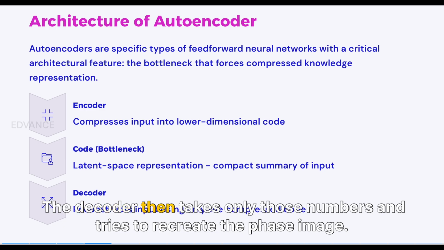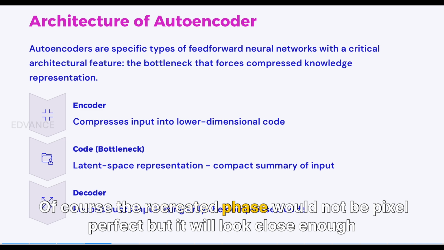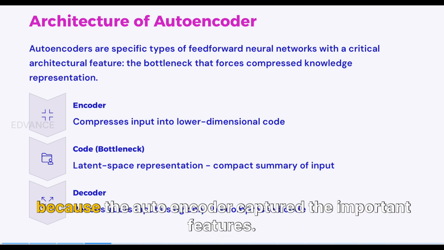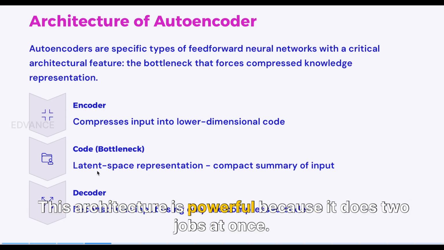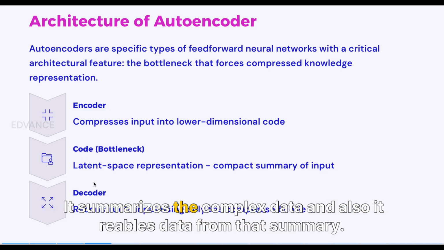The decoder then takes only those numbers and tries to recreate the face image. Of course, the recreated face won't be pixel perfect, but it will look close enough because the autoencoder captured the important features. This architecture is powerful because it does two jobs at once. It summarizes the complex data and also it rebuilds data from that summary.